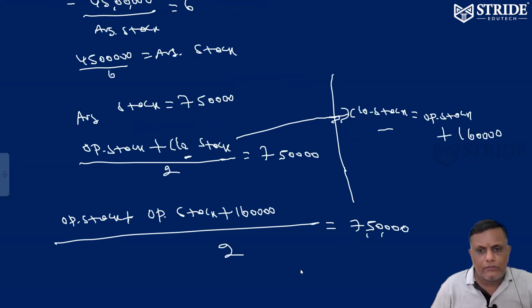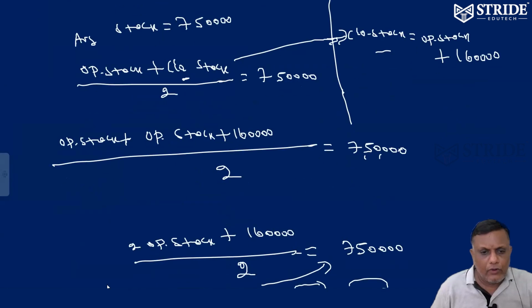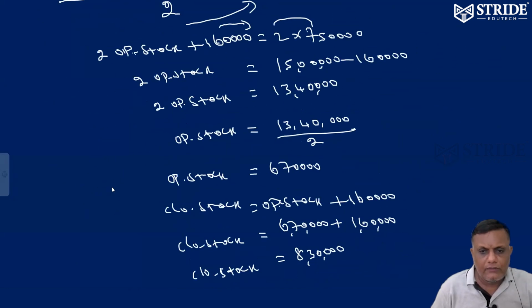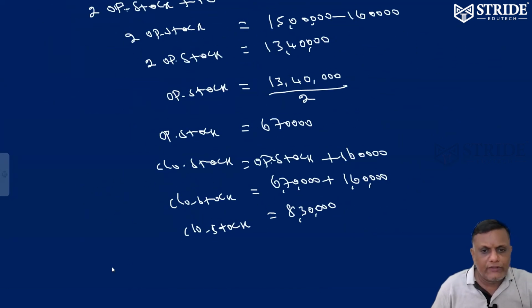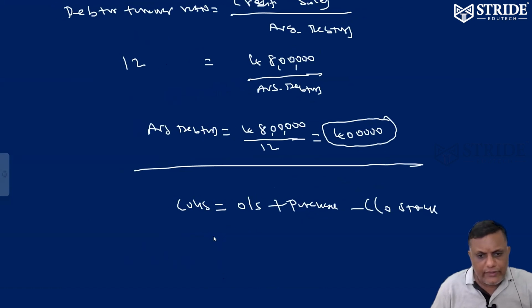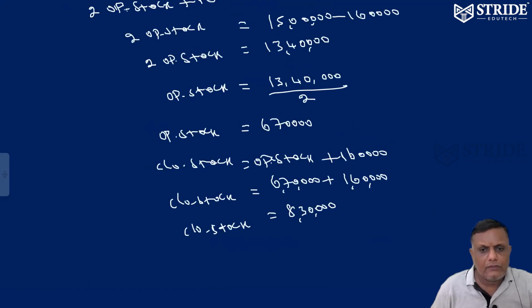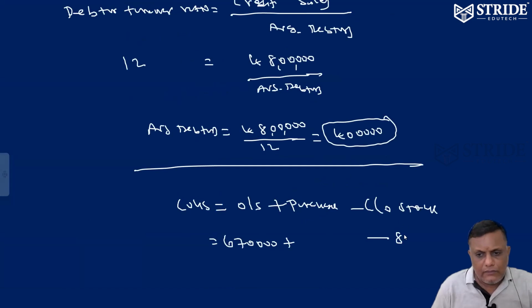Opening stock we know. What is the opening stock? 6,70,000 opening stock. We know closing stock, 8,30,000. Here purchase is missing.